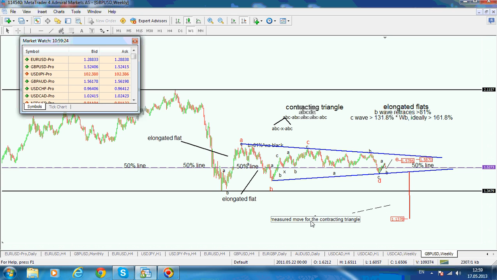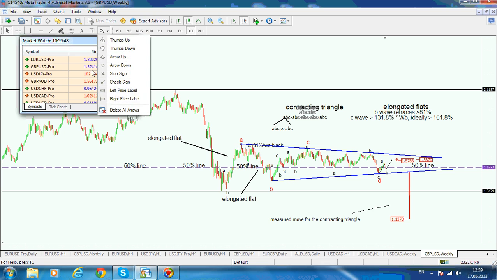And if you stay and wait for the measured move to come exactly by the pip, then you might find that the last pip is the most expensive one, as sometimes these measured moves just don't come true. So what I would do, I would take a 61.8 or 75% target out of this measurement.